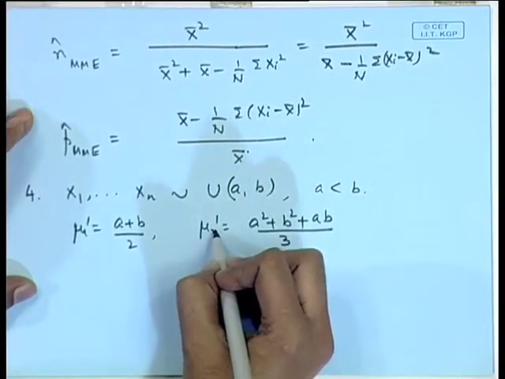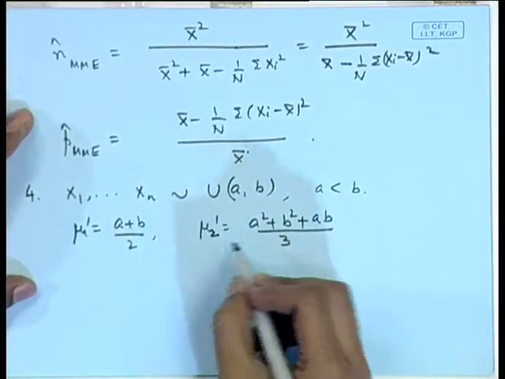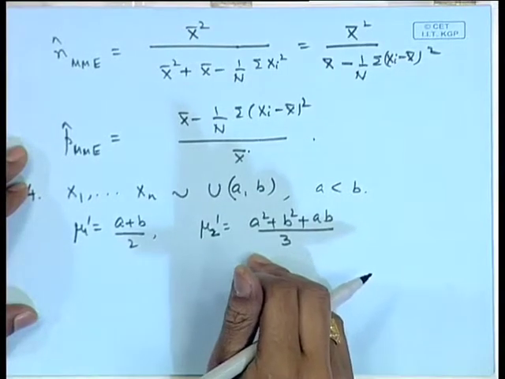Now, many times you will see that when we have multi-parameter situation, the solutions of the equation may not be trivial, because the equations need not be necessarily linear. In general, they may be non-linear equations, as you have seen in the binomial case, and same thing is true in the uniform distribution case also.